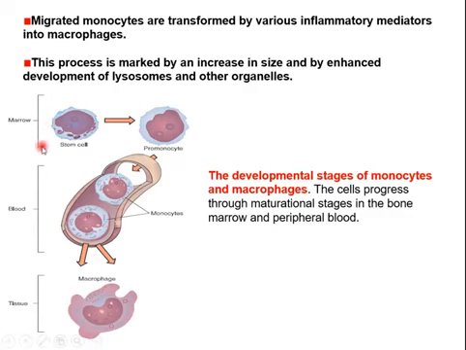A stem cell in the bone marrow develops to a pro-monocyte, and these cells go to the bloodstream, where they are called monocytes. When these cells migrate or are transformed by various inflammatory mediators into tissue, they are called macrophages.